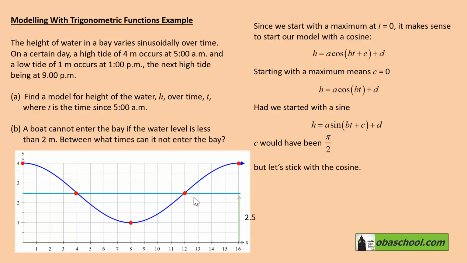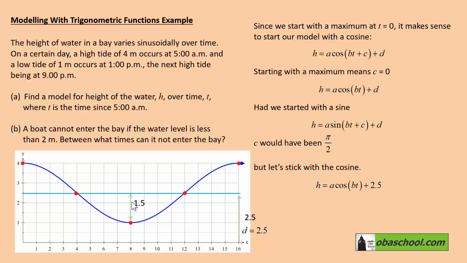We can see that that midline for the graph is at 2.5. The midline is normally on the axis, and therefore that means that d is 2.5. So we now have h is a cos(bt) + 2.5.